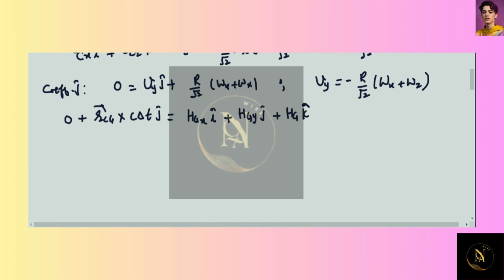Substituting this position vector of C with respect to centroid G, r by root 2 i minus k cross C delta t j cap equals Ix omega x i cap plus Iy omega y j cap plus Iz omega z k cap.